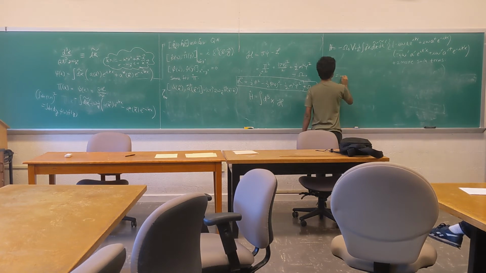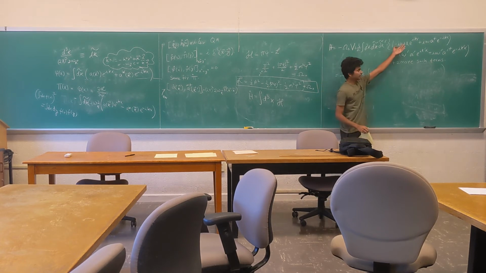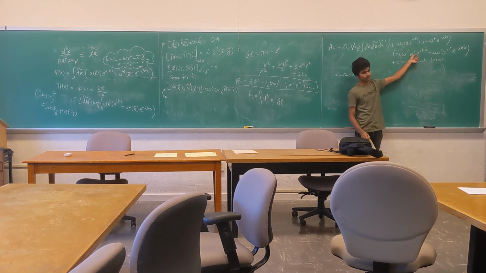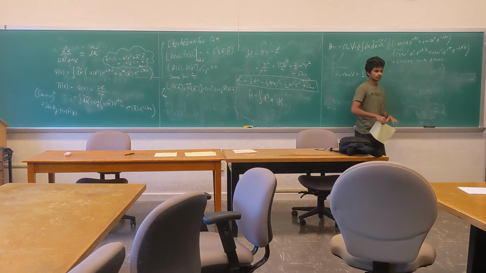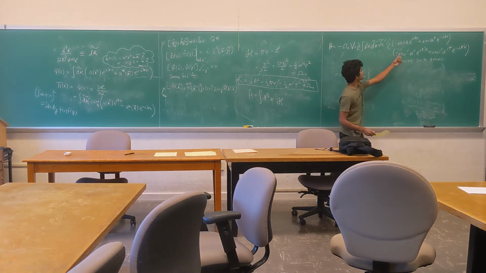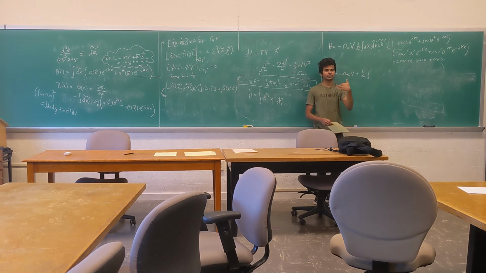Let's quickly see what this could be. When you multiply this thing out, you have two kinds of terms: e to the plus something multiplying e to the plus something, and the cross terms. For the cross terms, you can integrate out d3x and get a delta function of k minus k prime.